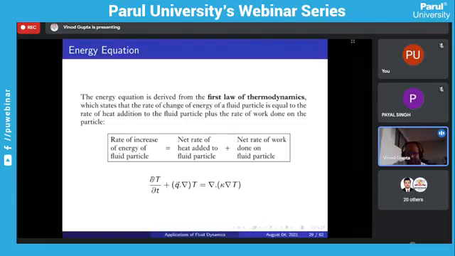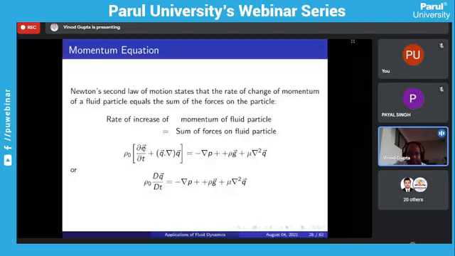So again, capital D over Dt, as defined earlier, is nothing but ∂/∂t plus q·∇. If you apply it on temperature T, it takes the form ∂T/∂t plus q·∇T.